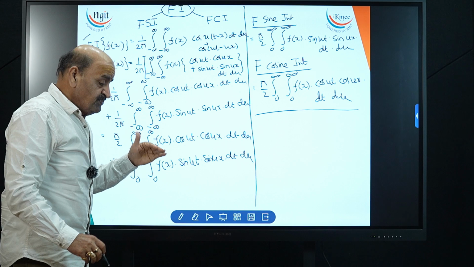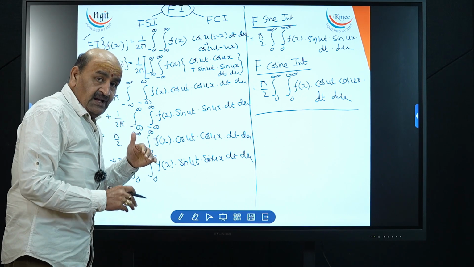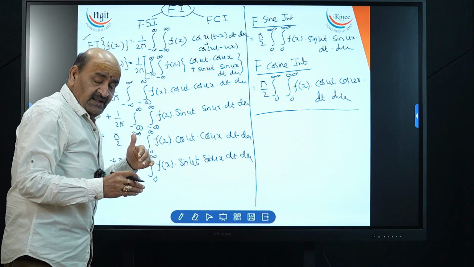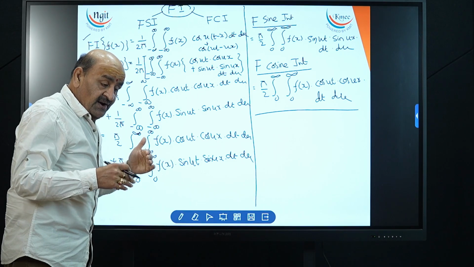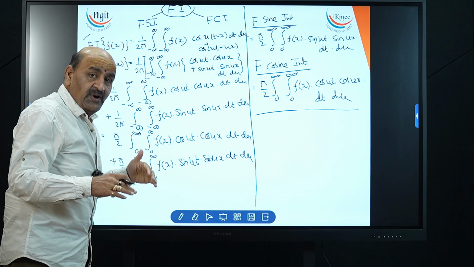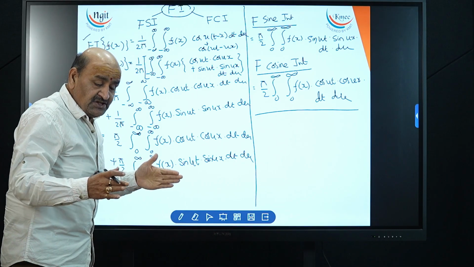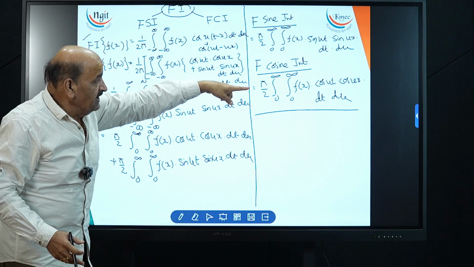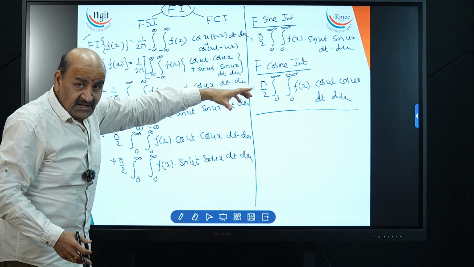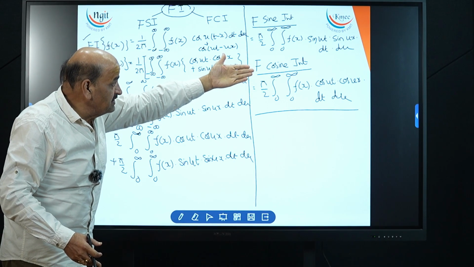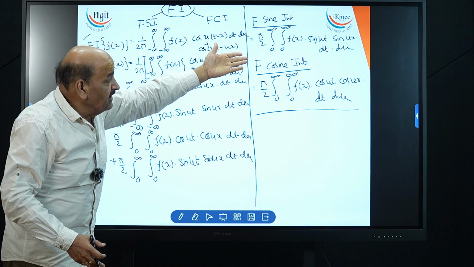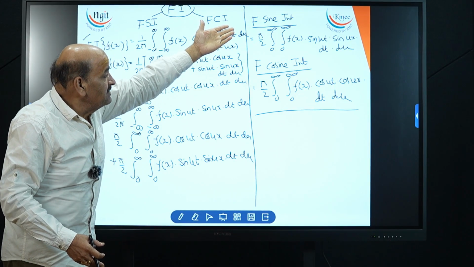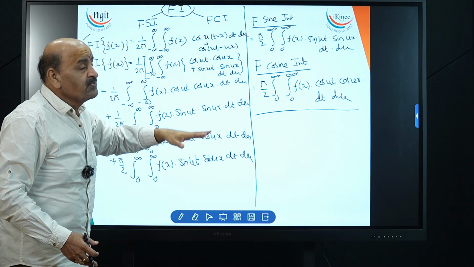Thus, we got the main Fourier integral split into an integral that contains only cosine terms and another integral which contains only sine terms. An integral that contains only cosine terms is called Fourier cosine integral. An integral that contains only sine terms is called Fourier sine integral.